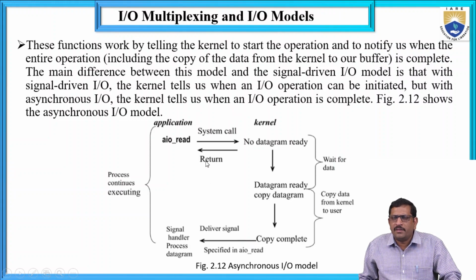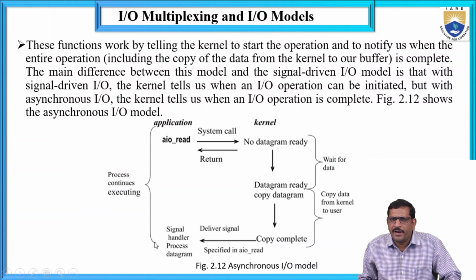This figure shows asynchronous signal reading through the system calls. The kernel has no datagram ready, so it waits for the datagram and returns. Once the datagram is available, it copies the datagram from the kernel to the user. Copy is completed.